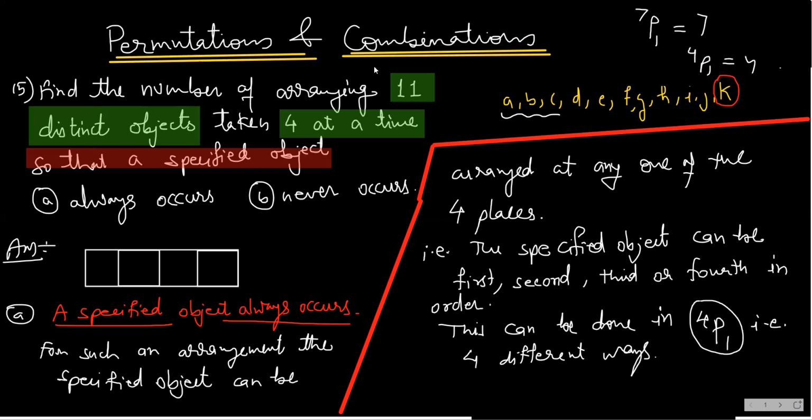So see students, we have arranged the specified object in how many ways? 4 ways. We have arranged the specified object in 4 ways.